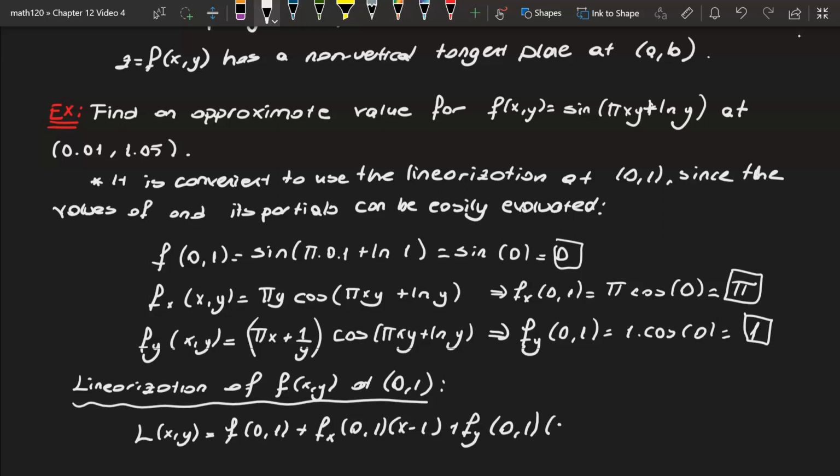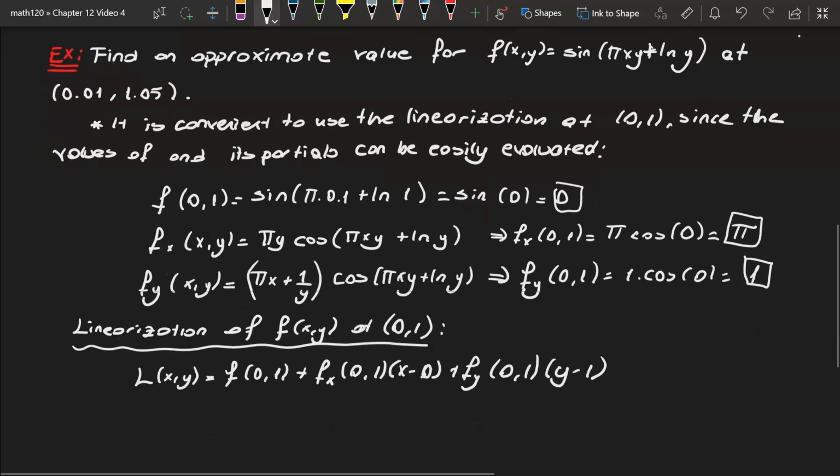Sorry, I said x minus 1, but it must be x minus 0. This is equal to pi x plus y minus 1.